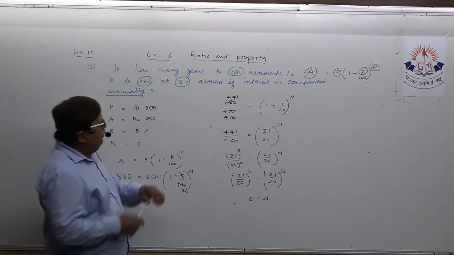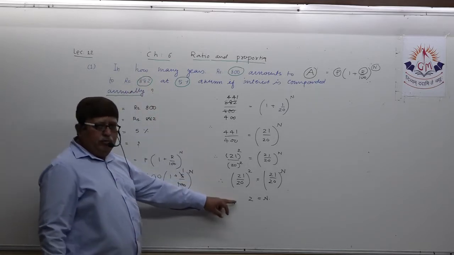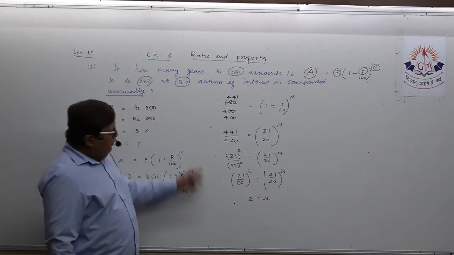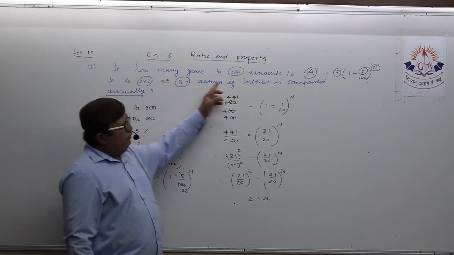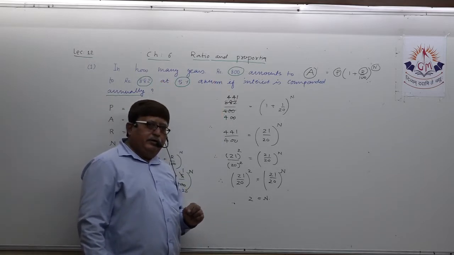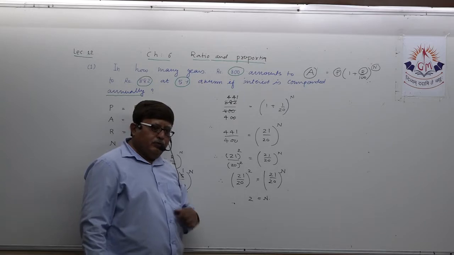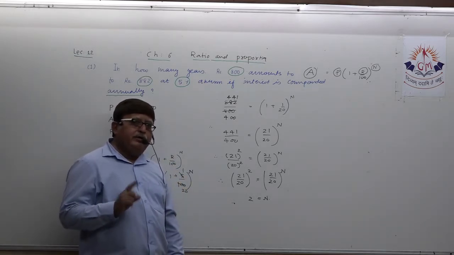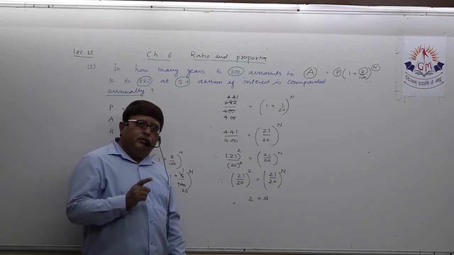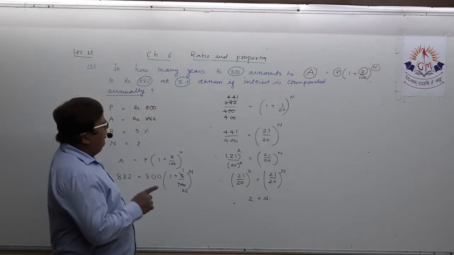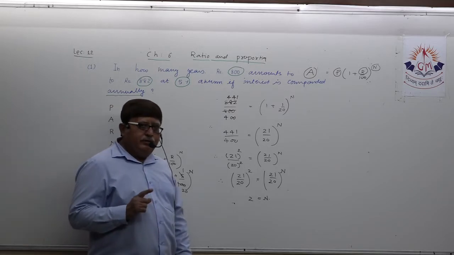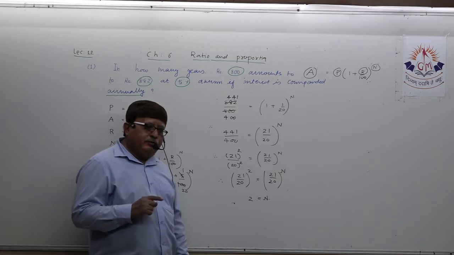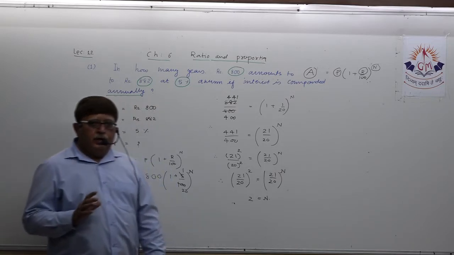In 2 years, please note it down: in 2 years, rupees 800 amounts to rupees 882 at 5% per annum if interest is compounded annually.